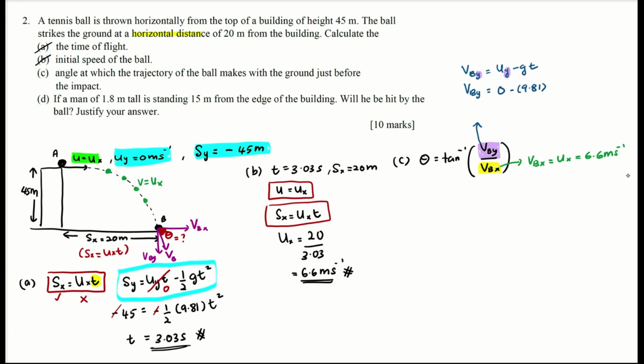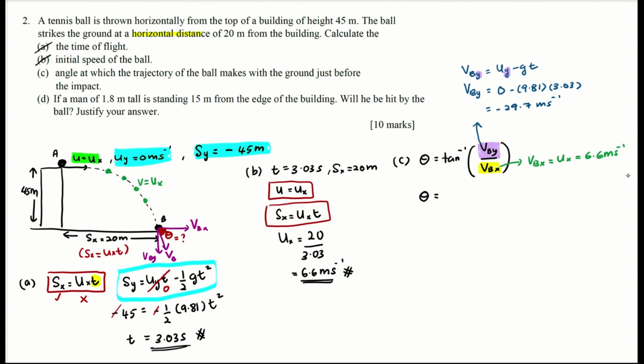T kita dah kira, the time of flight is 3.03 second. Therefore, VBY ni nanti you akan dapat negative 29.7 meter per second. Okay, so dah dapat itu, barulah you boleh cari the angle.